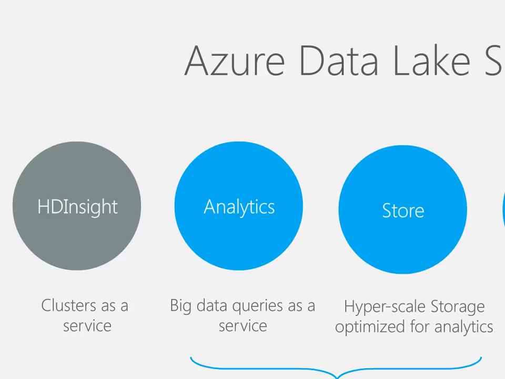So along with the Azure Data Lake services, you could also see the HDInsight service, right? The major difference, if you look at the slide, is very much visible. HDInsight is a cluster as a service, right?